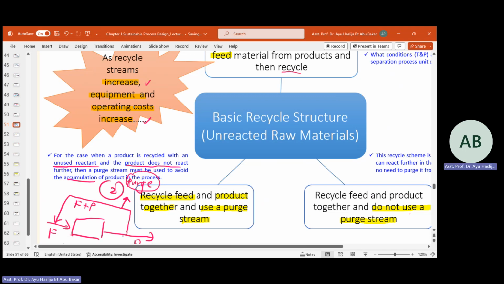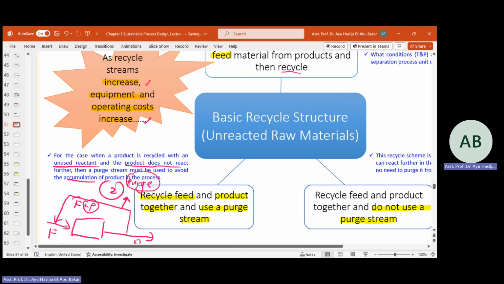So meaning that when you recycle, the recycle stream contains feed and product. This product is not reacting. It cannot be used inside the process, so it won't react. So that's why we need a purge stream, because when you keep on recycling, this product will accumulate.